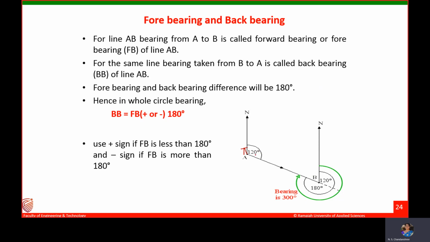In this example the reading shown in the compass is 120 degrees. That becomes the forebearing.